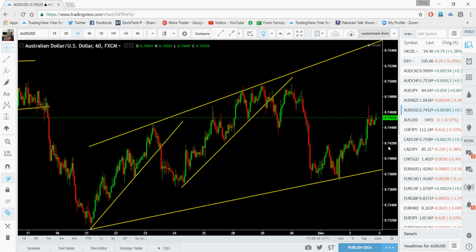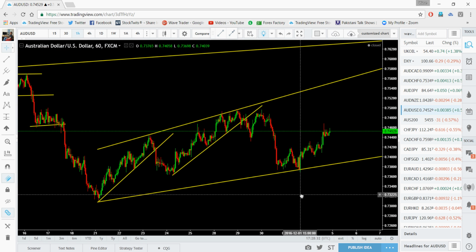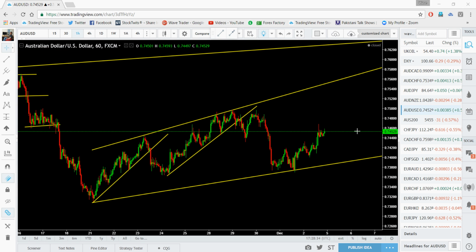So it can further push to the upside. This impulse still hasn't been violated by this corrective wave. Once price closes above, it means this impulse is violated and price can come up to this place.